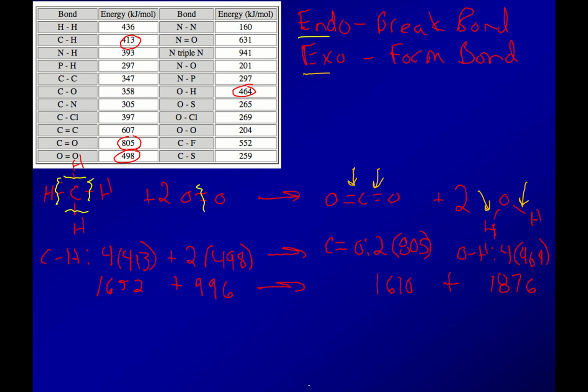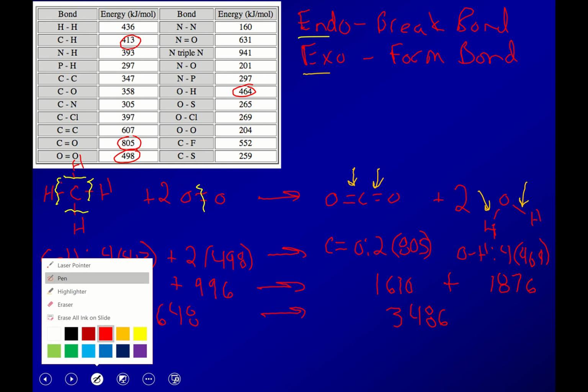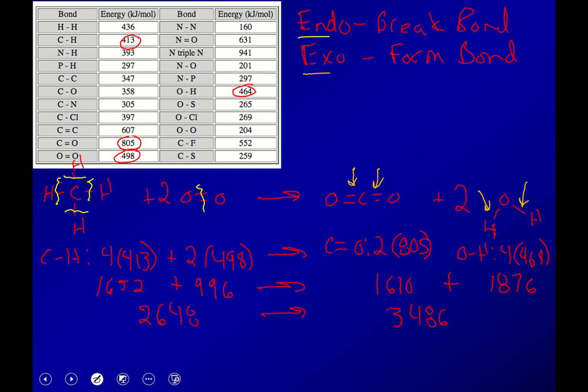So here's what's happening. We're going to simplify here. When all is said and done, we have 2,648 kilojoules of energy that we had to put in to break the bonds. So we had to put that much energy in to break the bonds first.